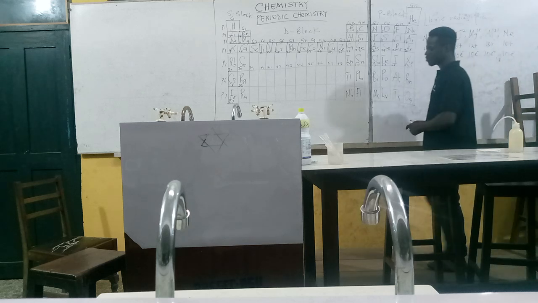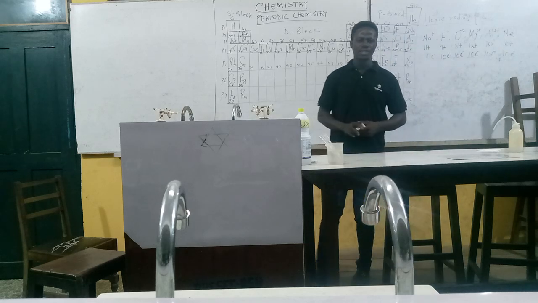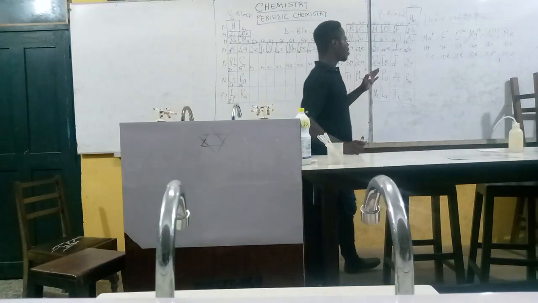Magnesium was having 12, it has lost 2, it is now 10 electrons. Aluminium 3 plus was having 13, it has lost 3, so it's now 10 electrons. Neon is still 10 electrons. Nothing has been done to it. Now you can attest to the fact that all these species are having the same number of electrons.